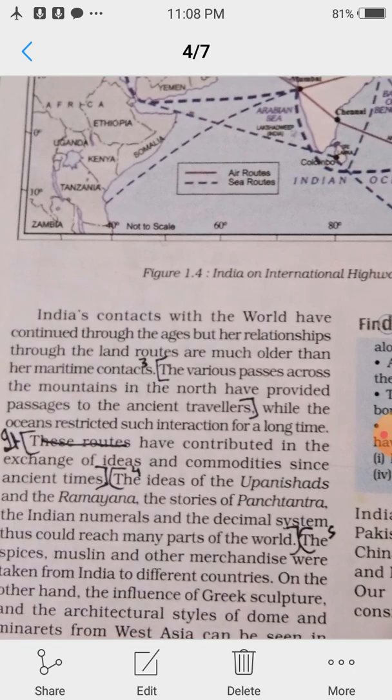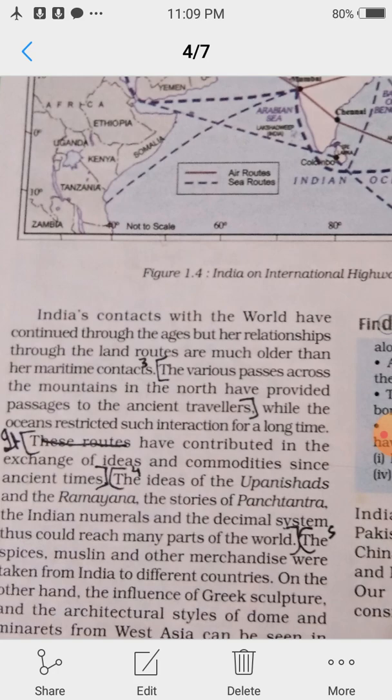So these routes have contributed to the exchange of ideas and commodities since ancient times. What was the use of these routes? Travelers came to India from ancient times for different purposes: exchange of ideas, which may be cultural or religious, and commodities. Commodities means goods.